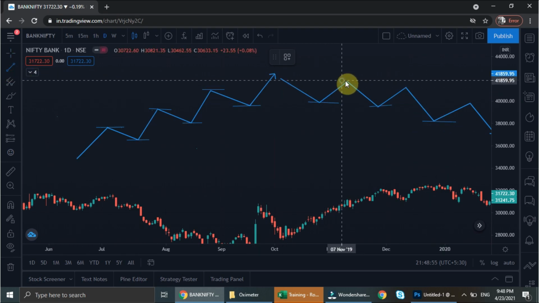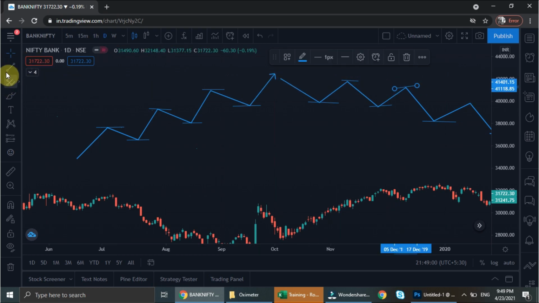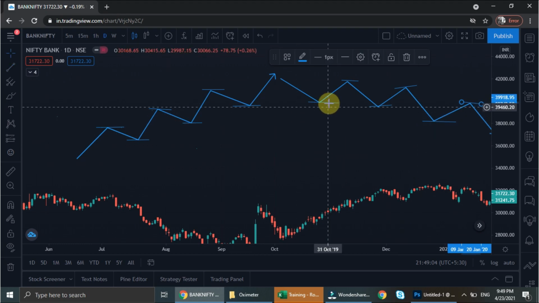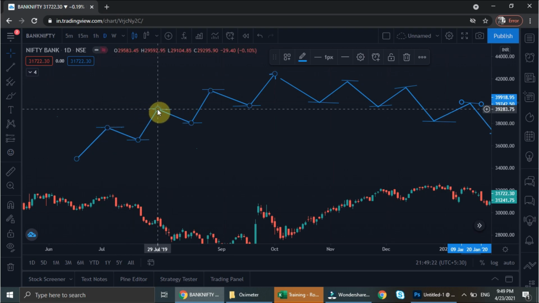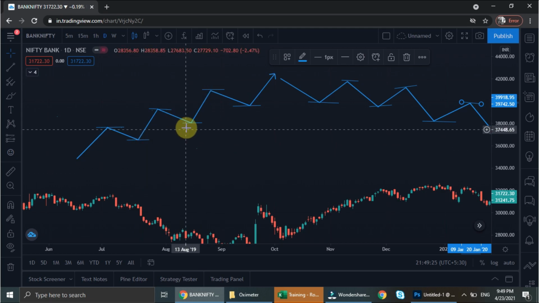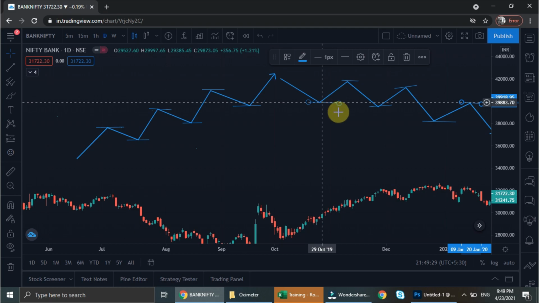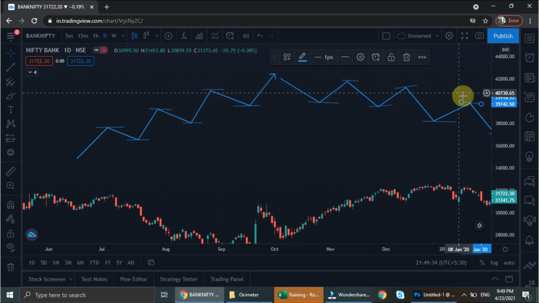So these are lower highs. This is lower high. This is lower high, and these are lower lows. For an uptrend, the stock starts making higher highs like this and higher lows like this, and for downtrend it makes lower lows like this and lower highs like this.